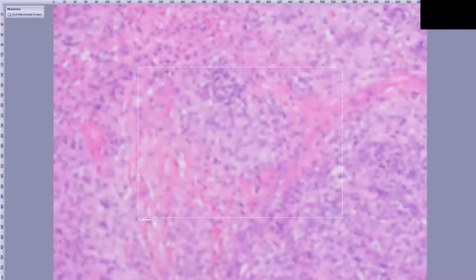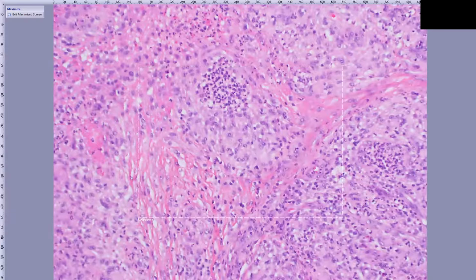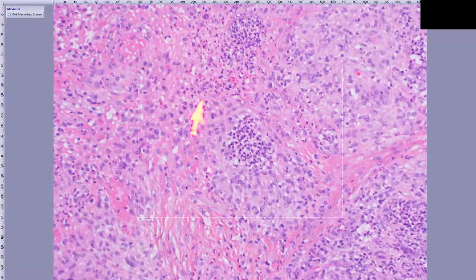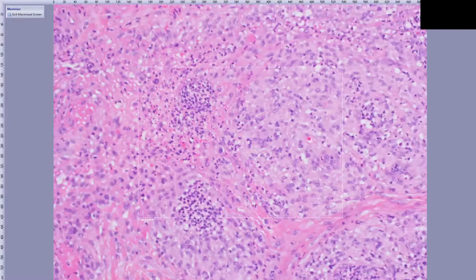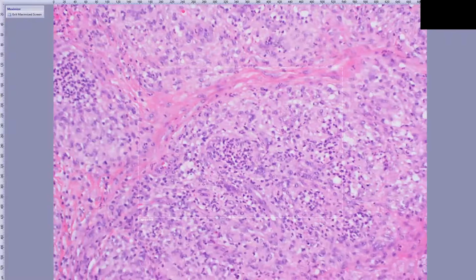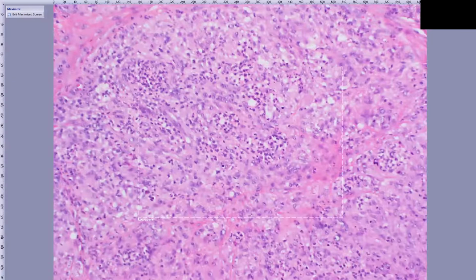And when you go in on higher power, you'll see these multiple foci of aggregates of neutrophils surrounded by granulomatous inflammation. So here we've got neutrophils, another collection of neutrophils. You see these small collections of neutrophils surrounded by granulomatous infiltrate, and we call these suppurative granulomas.